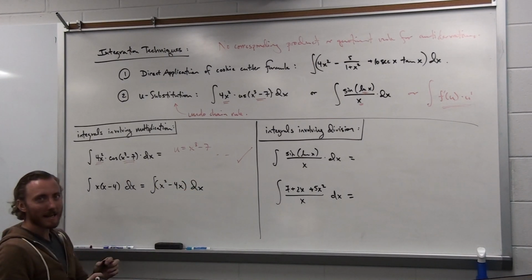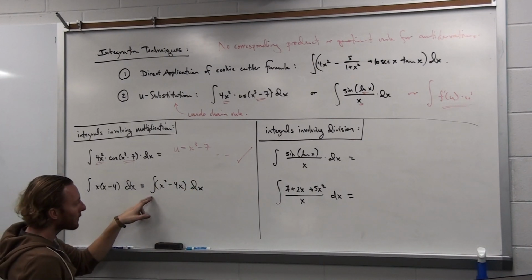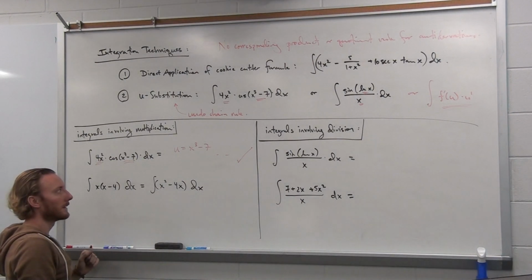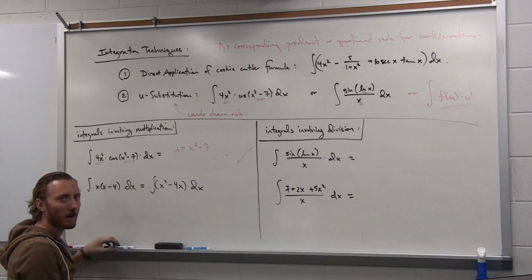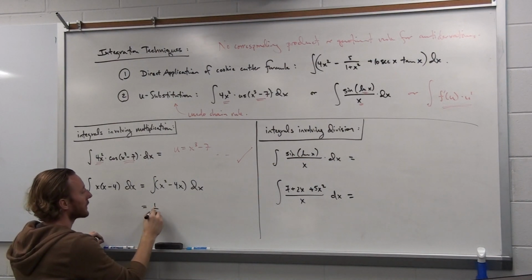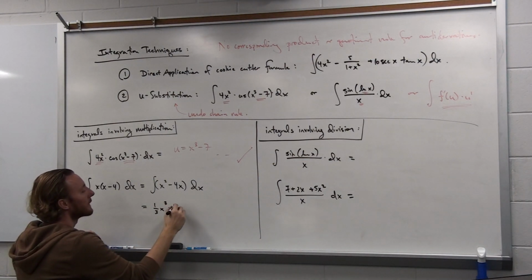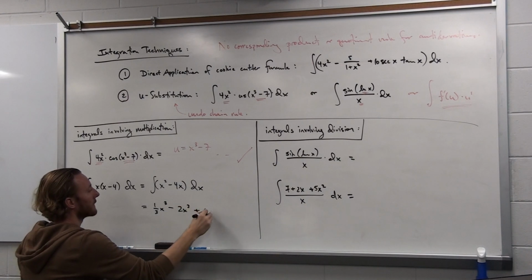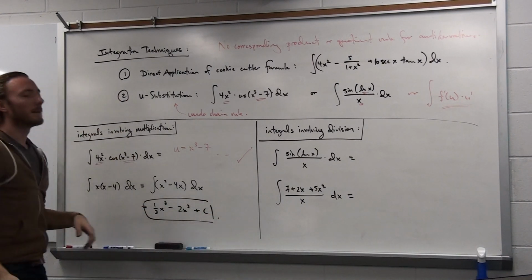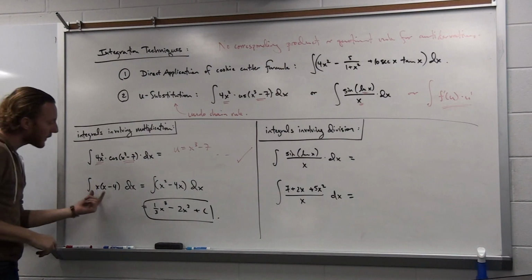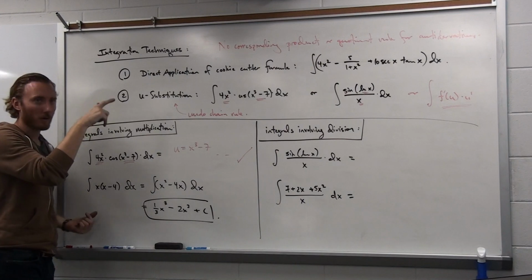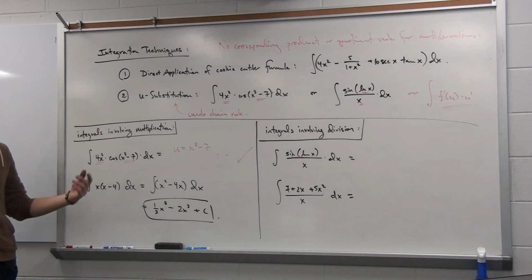Now, you haven't done an antiderivative here. You haven't applied the integral. You've just taken what the original function was and you've multiplied it. But now this is totally doable, right? 1/3 x cubed minus 2x squared plus c. If you have a function which involves multiplication and it doesn't involve u substitution, just multiply it out.